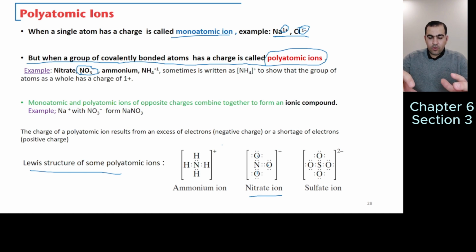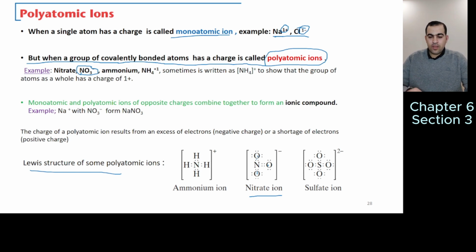When they share electrons, all of them must have 8 valence electrons. But if they don't gain one electron, one of the oxygens is not going to have 8 valence electrons. So what happens? They must gain one electron. It comes from another compound, another atom, another molecule, or another polyatomic ion. They're going to gain one electron.